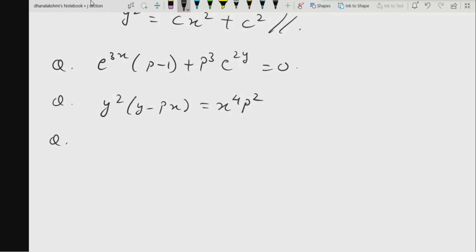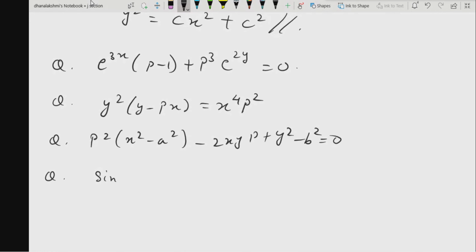Note down these problems. p square into x square minus a square, minus 2xyp, plus y square minus b square is equal to 0. You have sin px into cos y is equal to cos px into sin y plus p.